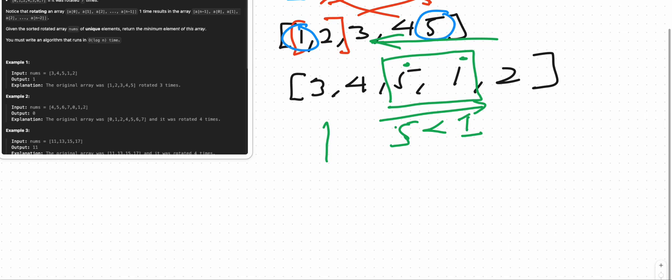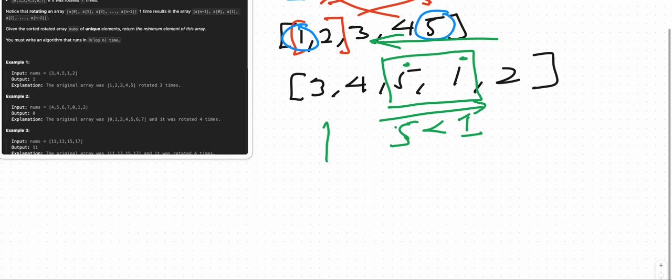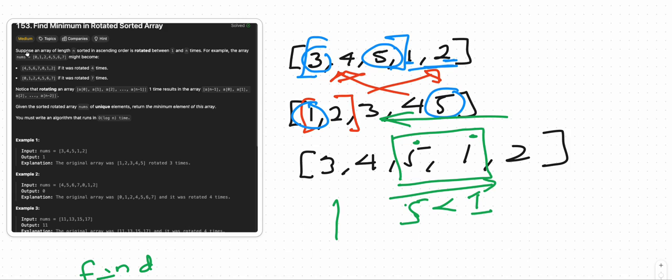Anytime a question says find the number in a sorted array, for example, given a sorted array, and return the minimum element in the sorted array in O of log n time, O of log n time means binary search.